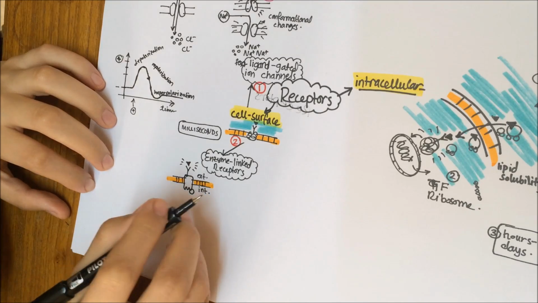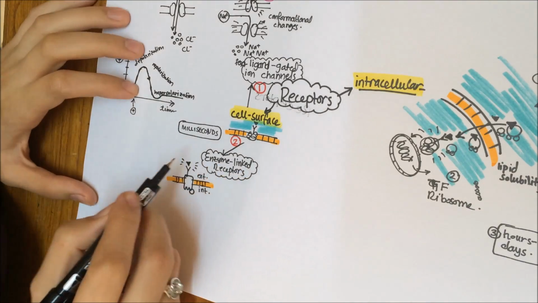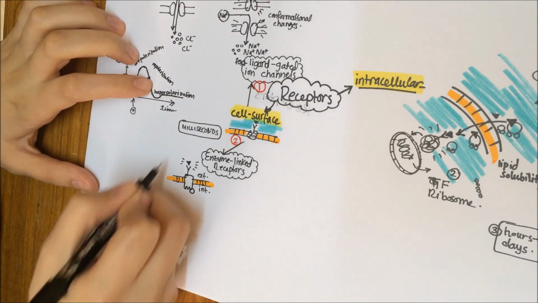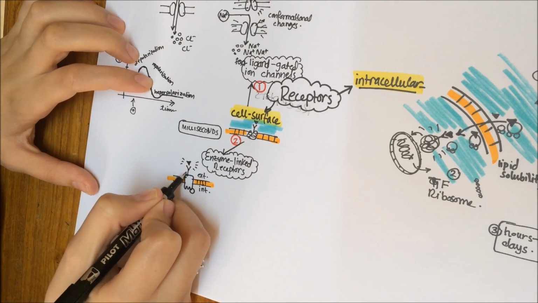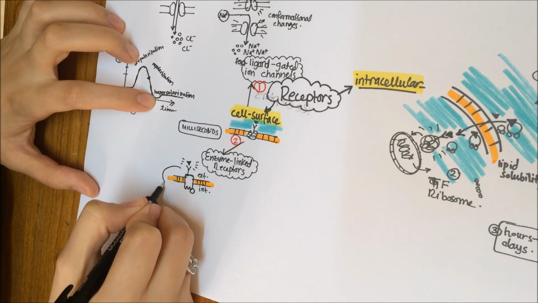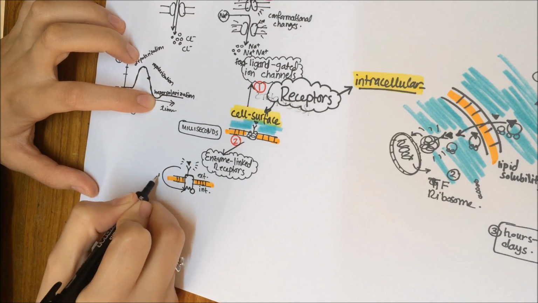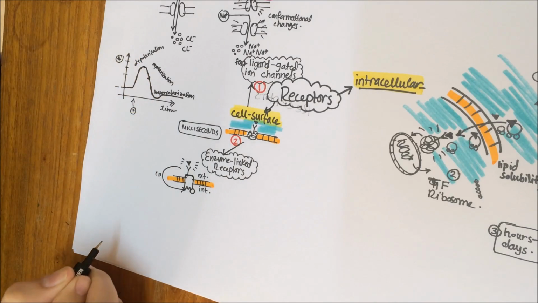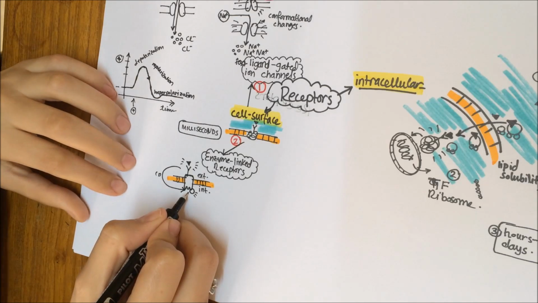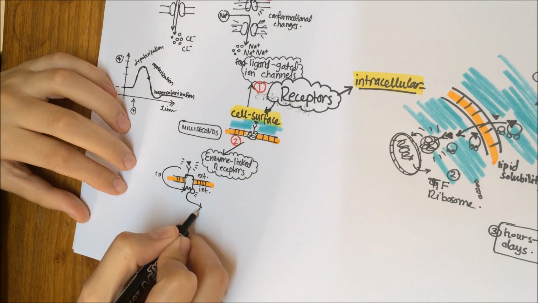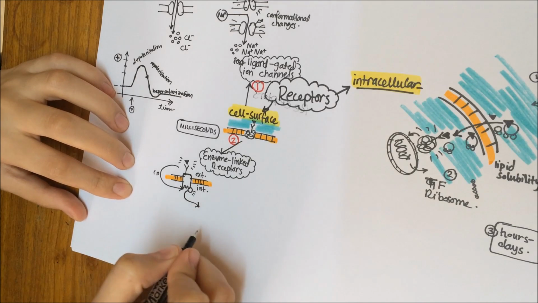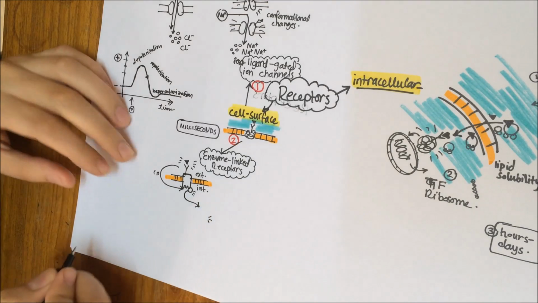This enzyme is usually inactive. In the inactive state of the receptor, this enzyme is inactive. When the ligand comes and binds to this receptor here, it will activate the enzyme. This is one. When this enzyme is activated, it is going to work on a certain substance inside of the cell and make it active.